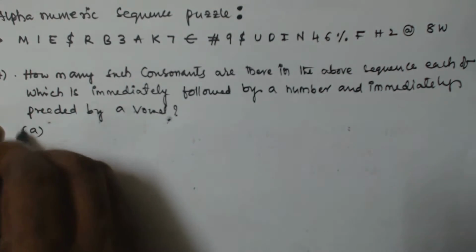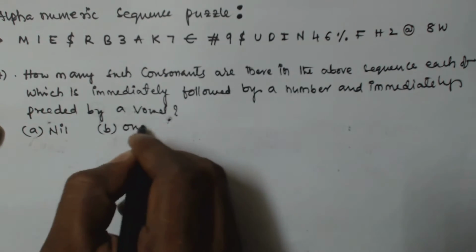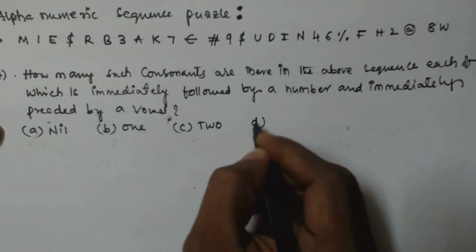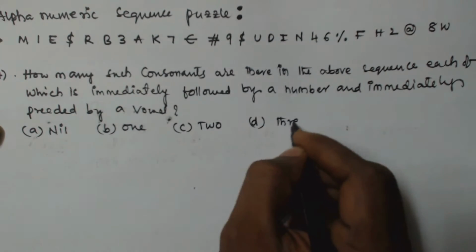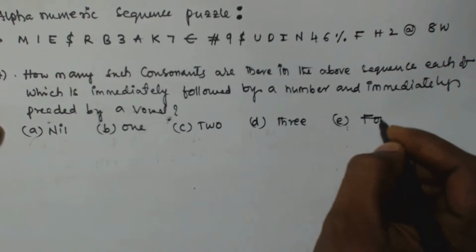Okay, so option A is nil, option B is 1, option C is 2, option D is 3, and option E is 4.